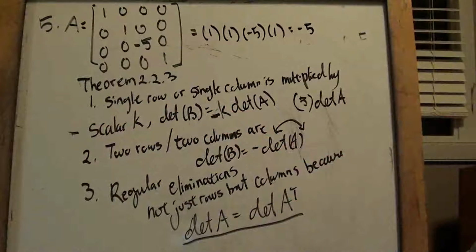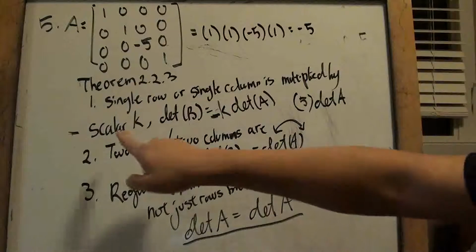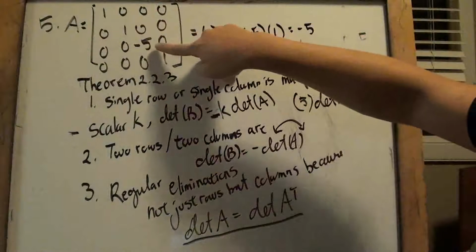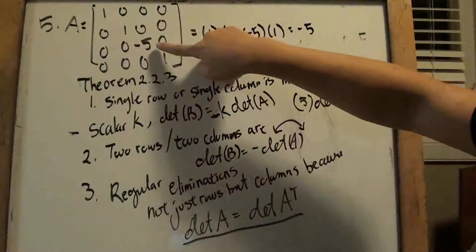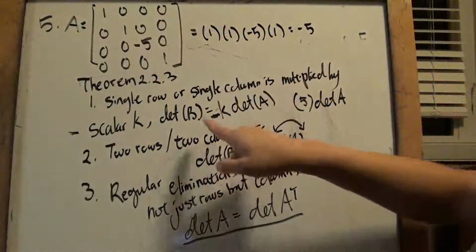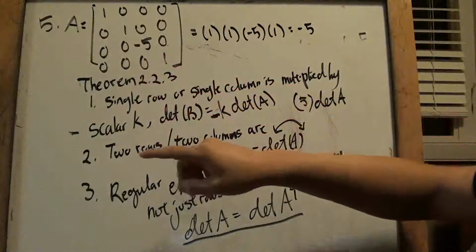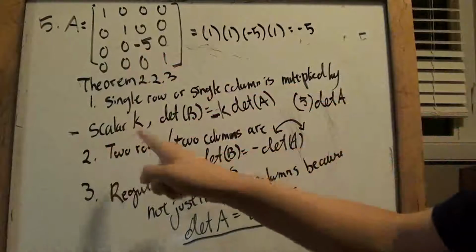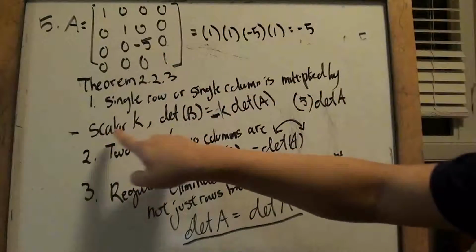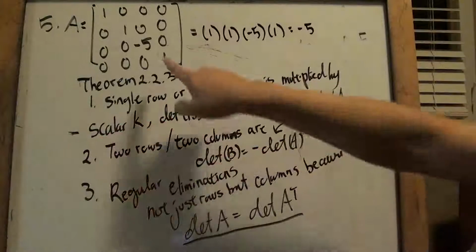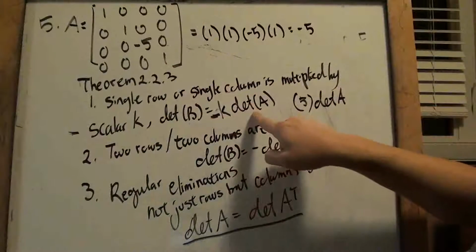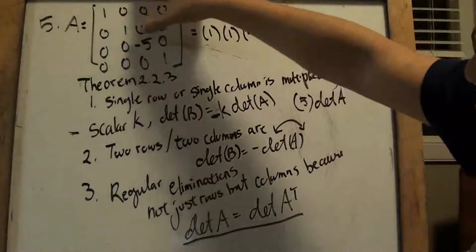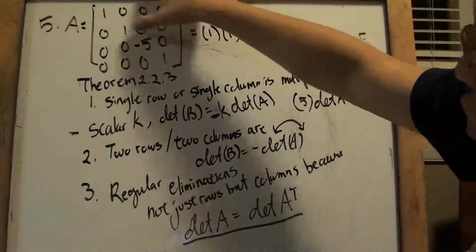Ultimately I don't think it really matters, as long as we understand that if we multiply a row or column by some number, then the determinant is multiplied by that number. In this case, say k is negative 5 if you want. So the point is it'll be negative 5 times the determinant of A before this transformation, which would have been 1 times 1 times 1 times 1.